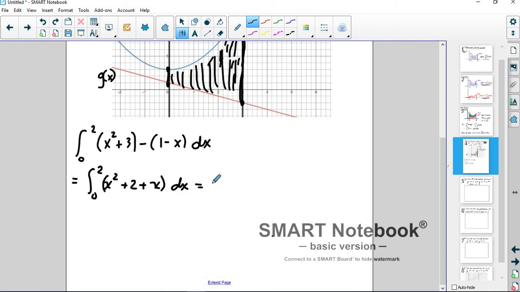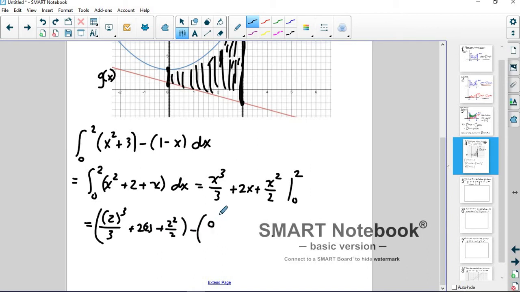Now we just integrate like we've been doing for the last couple of weeks. The antiderivative of x squared is x cubed over 3, plus 2x, plus x squared over 2. Evaluate that from 0 to 2. So plug 2 in everywhere. Then you subtract what you get when you plug in 0 everywhere.